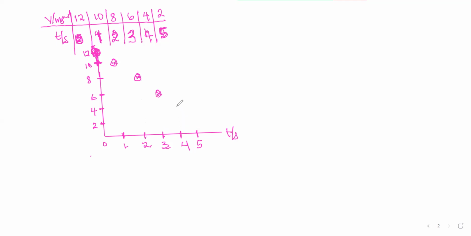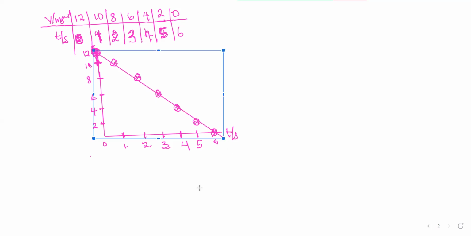At 4, 4. At t equal to 5, the speed is 2. At 6, it will come to a stop where the speed is 0. When we join the points, we have a straight line, but this is a negative slope.